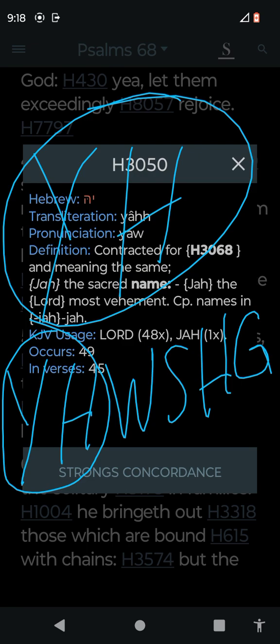And if you do what the Scripture says, study to show thyself approved, if you study, then that means you're seeking the name. And you want to have a more intimate relationship with the Father and the Son. So you're wanting to know the name.